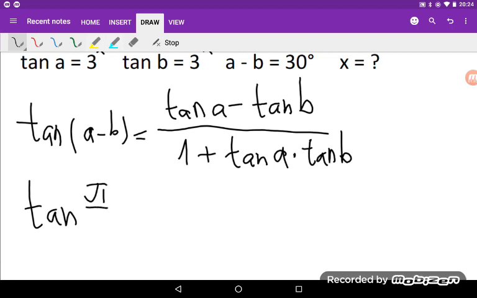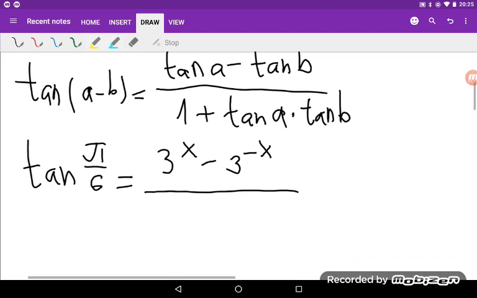So tangent of pi over 6 is equal to tangent A, which is 3 to the power of x, minus 3 to the power of negative x, all over 1 plus 3 to the power of x times 3 to the power of negative x.